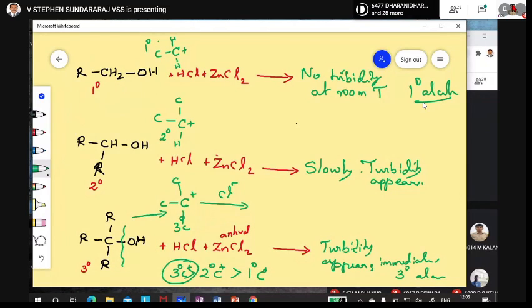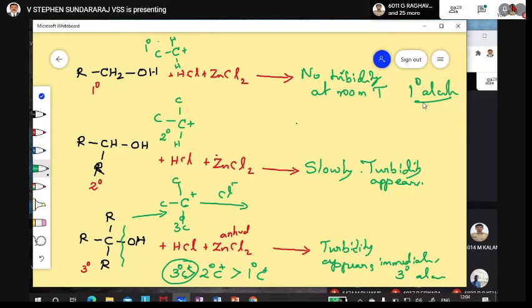That is, both the alcohols are treated with Lucas reagent. In the case of isopropyl alcohol, the turbidity appears slowly. In the case of N-propyl alcohol, no turbidity forms at room temperature because it is a primary alcohol. Isopropyl alcohol is a secondary alcohol, so turbidity will slowly appear.